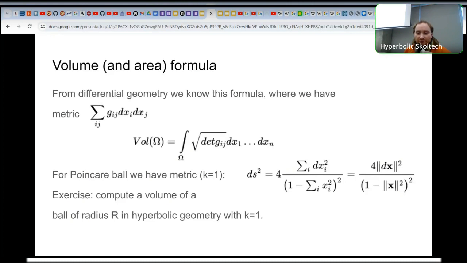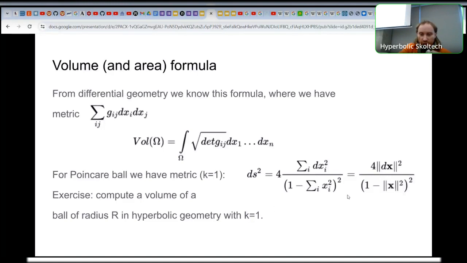So actually, at home I made a computation for the volume of a ball of radius r in hyperbolic geometry with k equals 1.